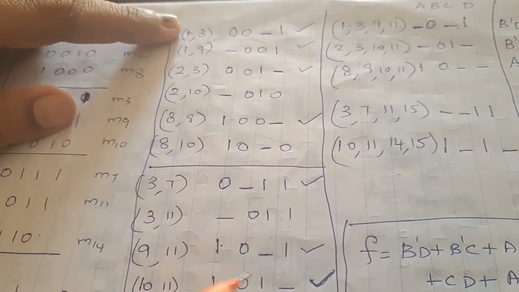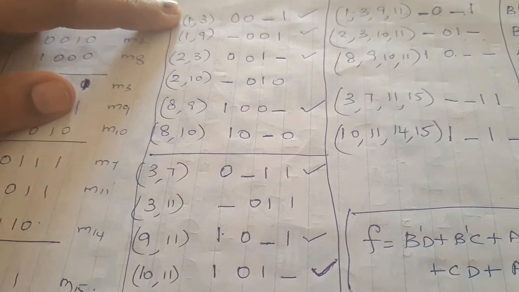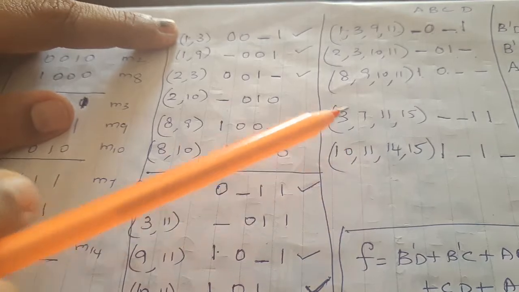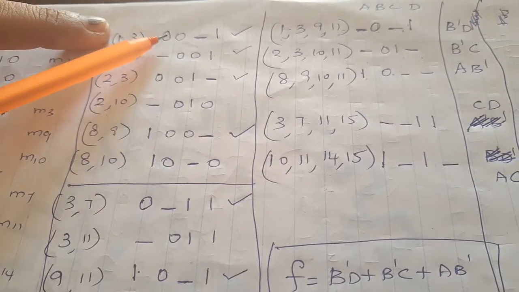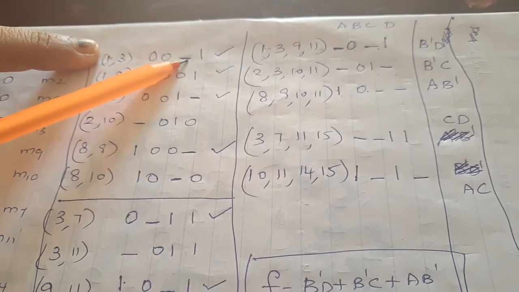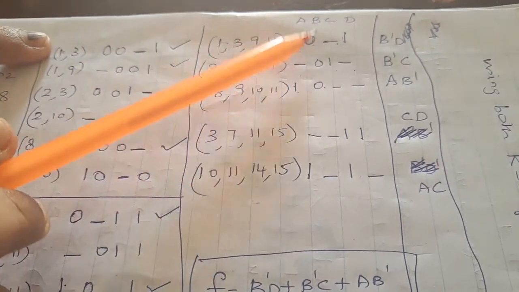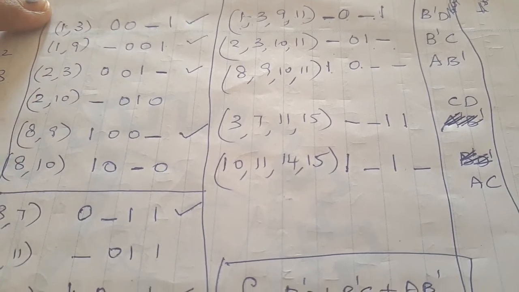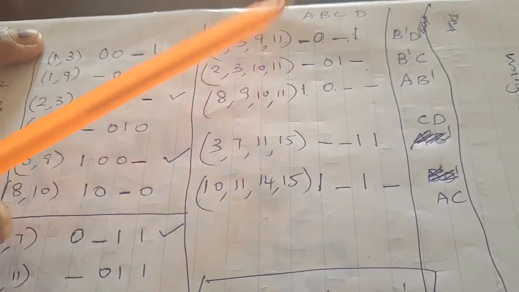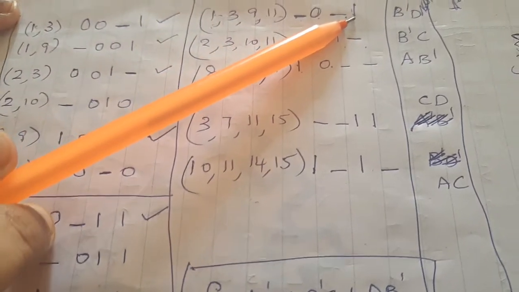This is a changeable parameter. Put a dash. You are moving again to the next column by these two subset comparison. So it is dash 0 dash 1. Dash 0 dash 1. What are the elements? 1 comma 3, 9 comma 11. Okay. So you have reduced here.